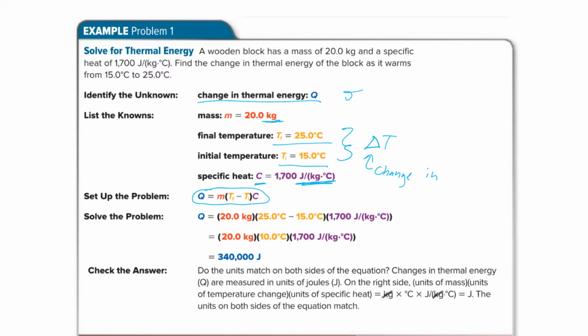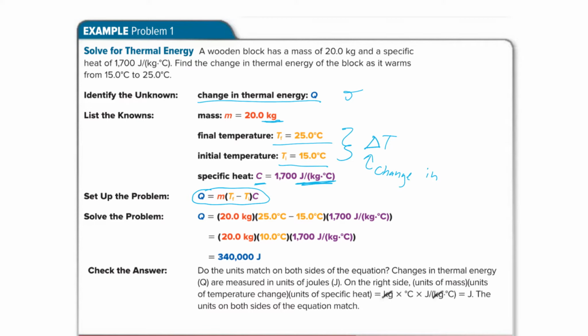A wooden block has a mass of 20 kilograms and a specific heat of 1700 joules per kilogram Celsius. Find the change in thermal energy of the block as it warms from 15 degrees Celsius to 25 degrees Celsius.